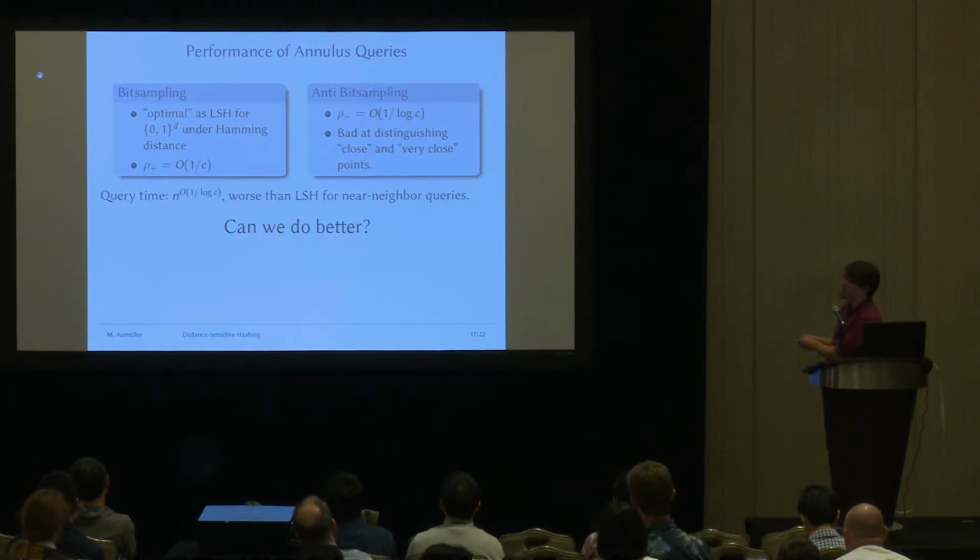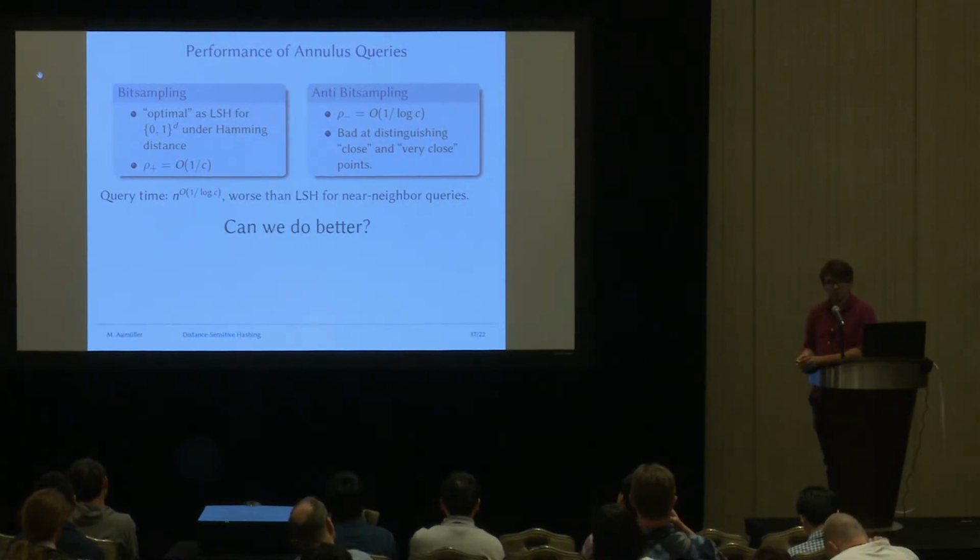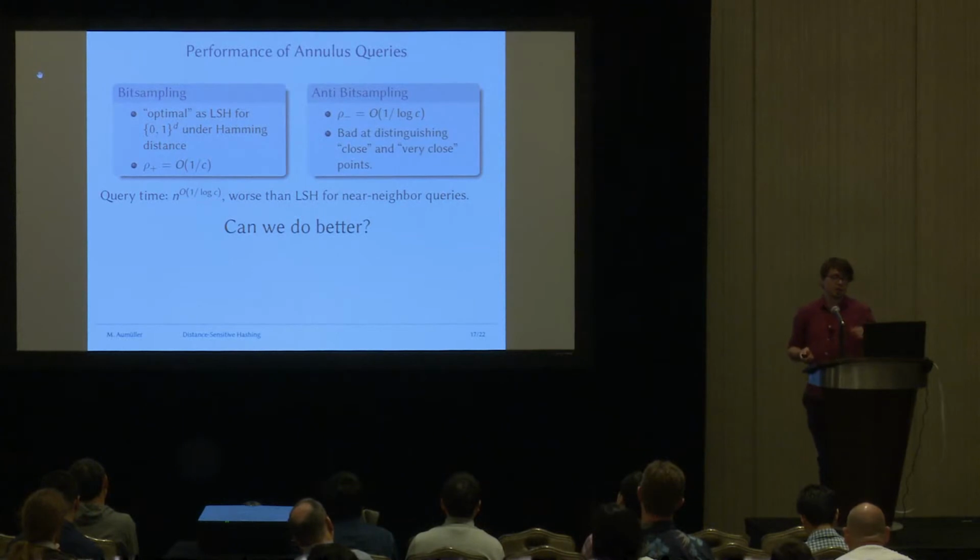Unfortunately, the anti-bit sampling part is pretty bad when your distance gets very small and you basically have to distinguish close and very close points. This rho minus behaves like 1 over log c asymptotically. Now we plug these things into the exponent and we get n to the 1 over log c. That's often smaller than 1, that's fine, but it's also exponentially worse than what we know from nearest neighbor queries using LSH. Question is, can we do better?